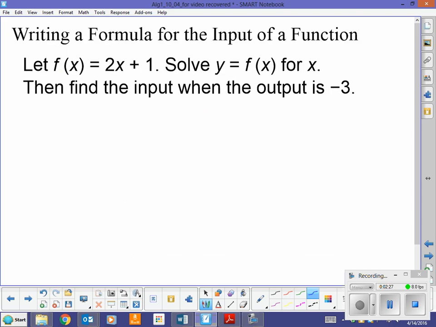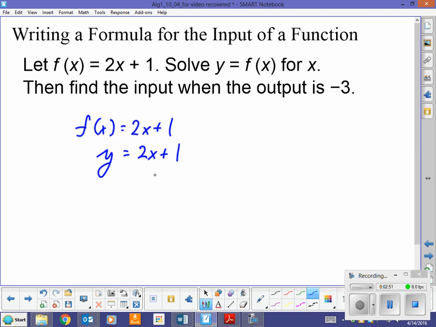And so, writing the formula for the input of a function. We have f of x equals 2x plus 1. Okay, so we're going to solve y equals f of x for x. So we're going to set this equal to y, and then we're going to solve for x.